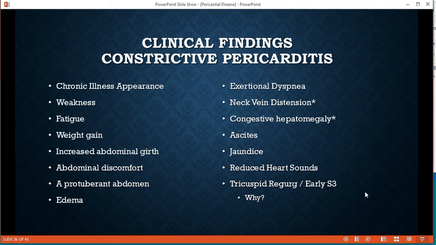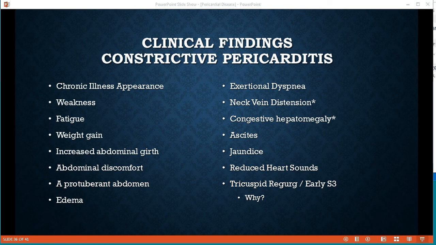The book makes a good point about distinguishing liver cirrhosis versus constrictive pericarditis. If you have somebody who has liver cirrhosis, you're not going to see the neck vein distension. You'll see congestive hepatomegaly potentially because, and we'll talk about this in the GI series, or probably next semester actually, you're going to have backflow of blood, and you're going to have increased size of the liver as a result.